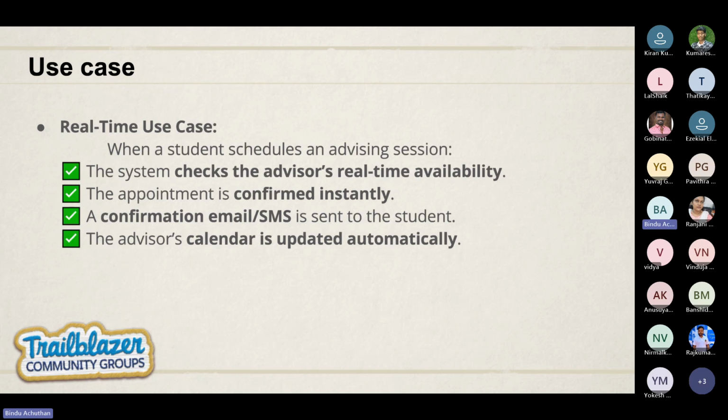By using Salesforce Scheduler, they can verify their advisor's availability and book the online session. If the slots are unavailable, it also suggests alternative time slots. Once done, we get the appointment confirmed automatically.